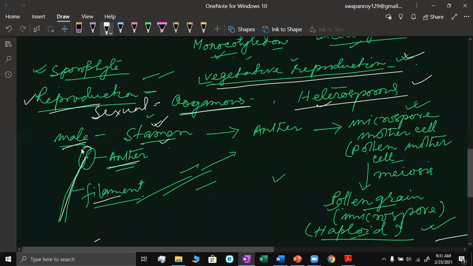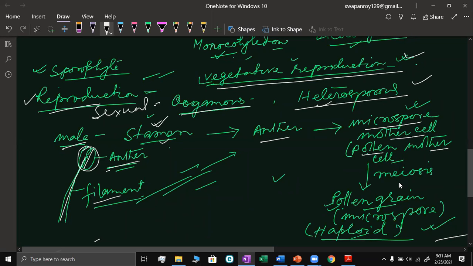Anther is the main reproductive structure bearing portion, and within the anther a microspore mother cell develops, also known as pollen mother cell.